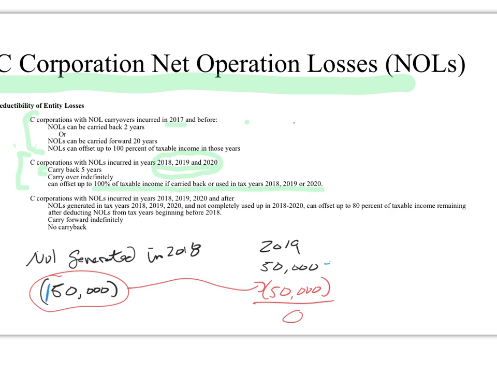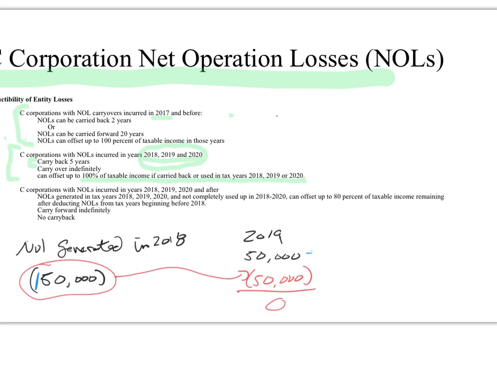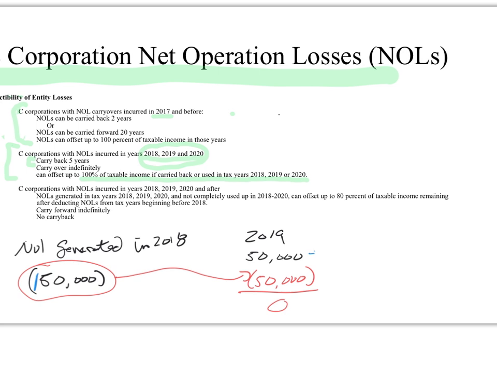And then let's say in 2020, you have neither income nor loss, all right? So what do you have left over? Well, you still have $100,000 of net operating loss left over from 2018. You've not used it all up in 2019 or 2020.